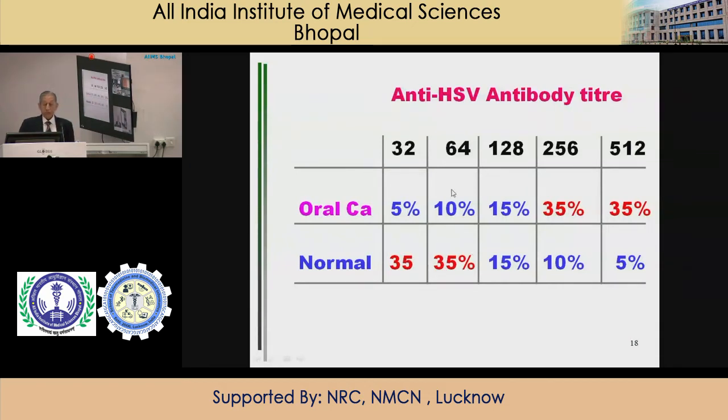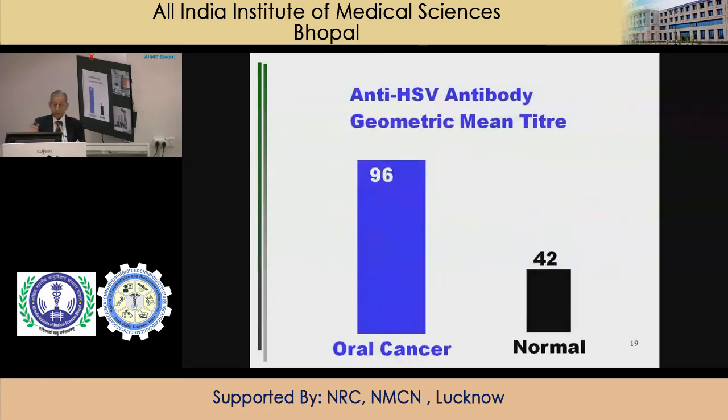Therefore, if you take two parameters together, the percentage positivity as well as the titer values, that we call the geometric mean titer. For HSV antibody, oral cancer versus normal, 96 versus 42, is statistically very significant. And any person, without any statistics, can say that there is some association.